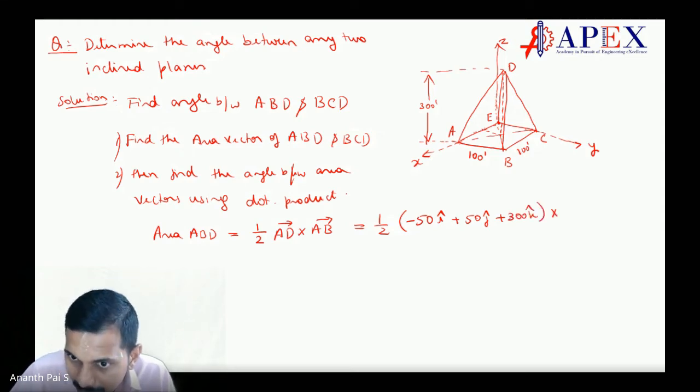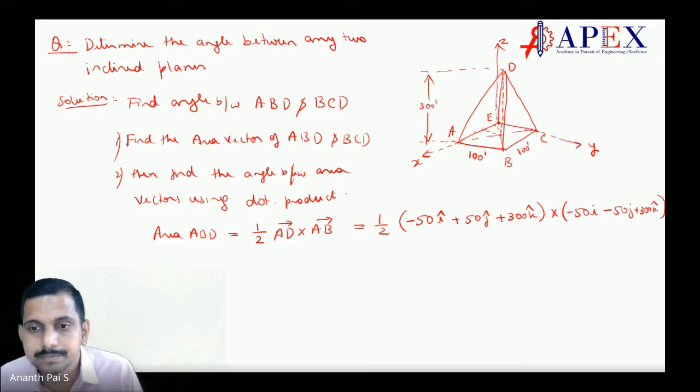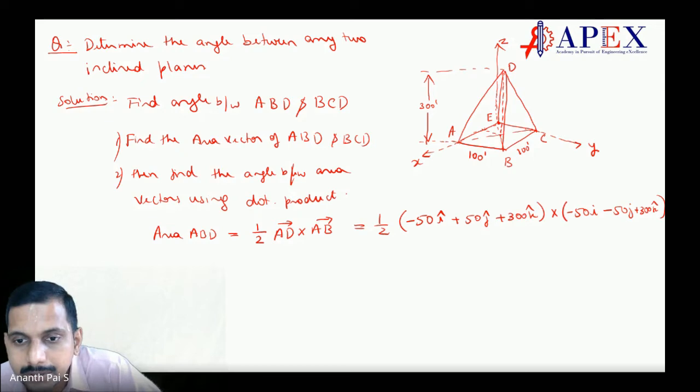Crossed with the second side from B to D. You have to go in the X direction as minus 50i, in the Y direction also minus 50j, then plus 300k. Make sense, students?